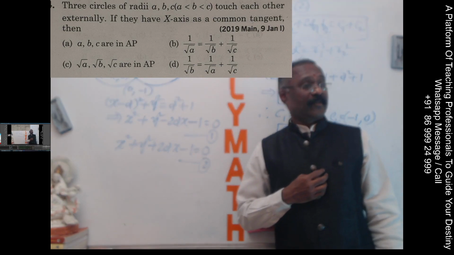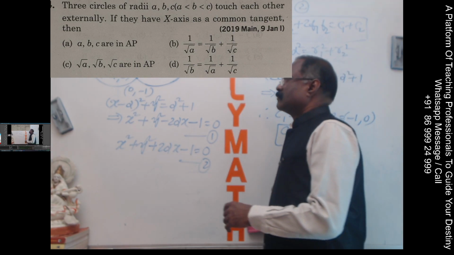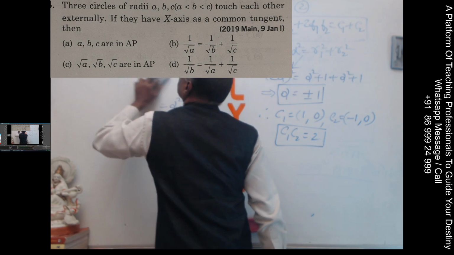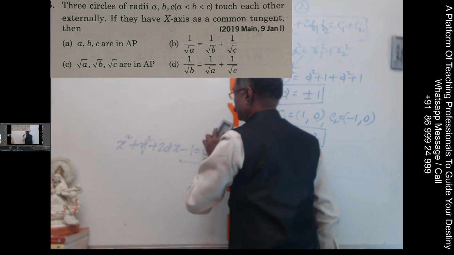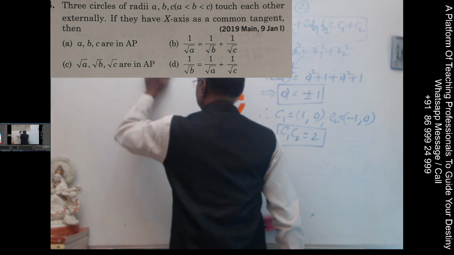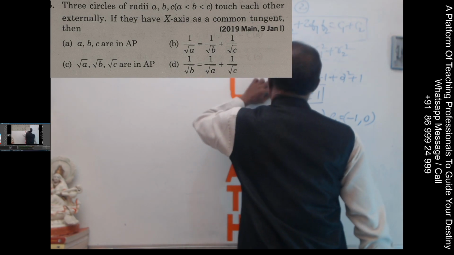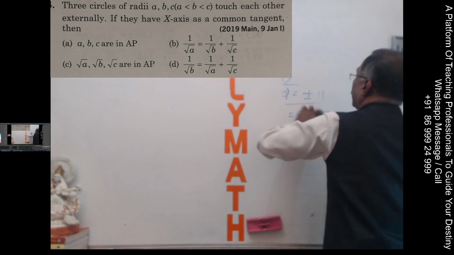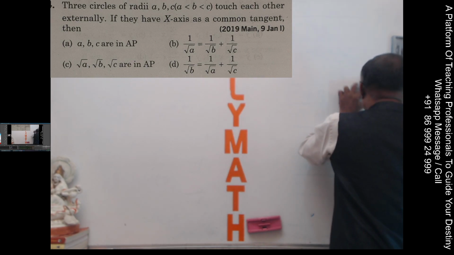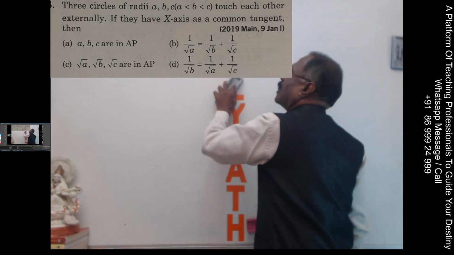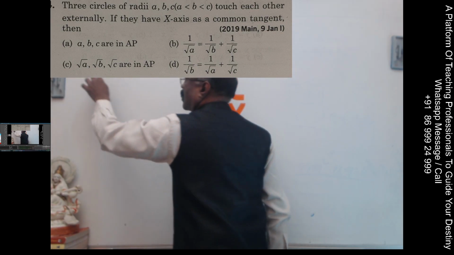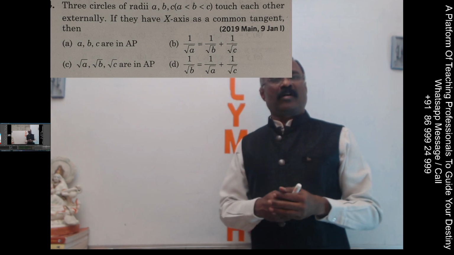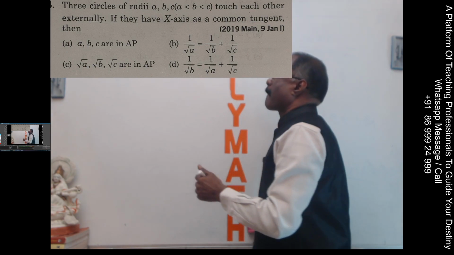See, the question is, there are 3 circles given, only the radius is given, that's all. An extra condition given is that all these 3 circles are touching each other externally, and the common tangent for all these 3 circles is the x-axis.